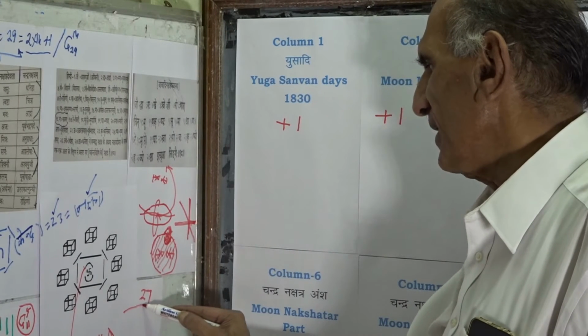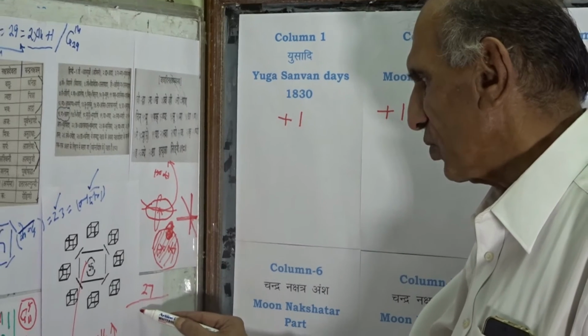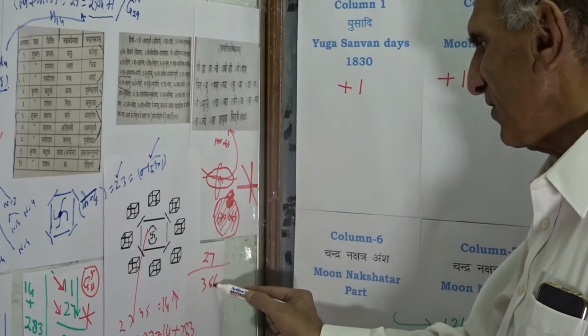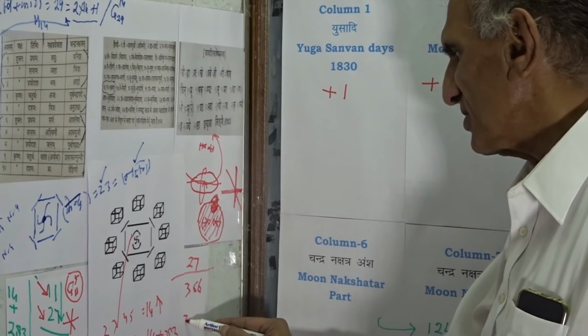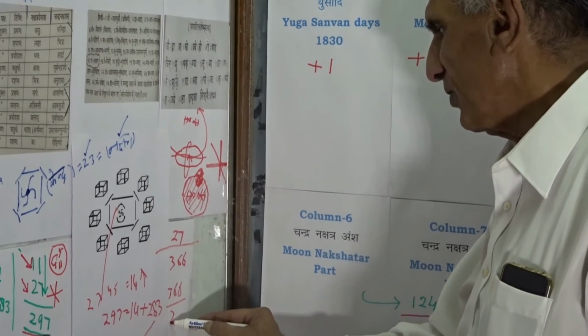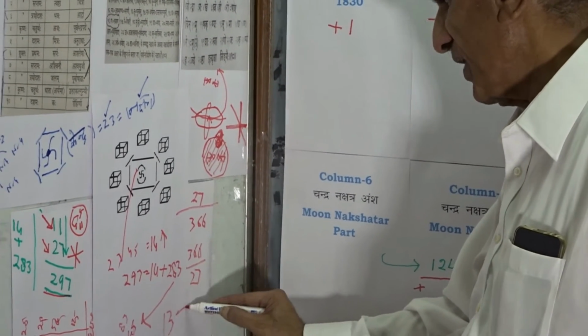This value means we know that the solar year, Saur Varsh, is of 366 days. When we divide 366 by 27, we get the value 13 5/9.